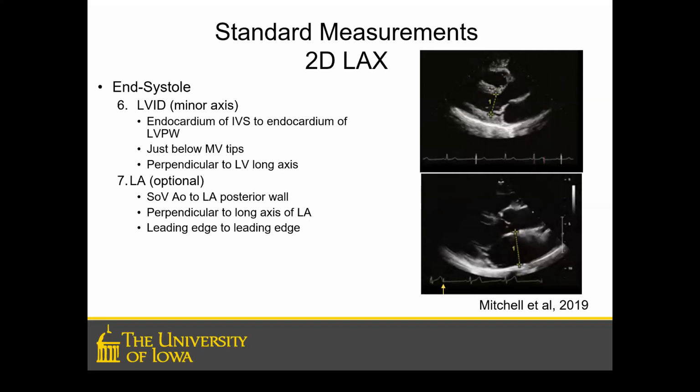If the LA linear measurement is done, it's to be perpendicular to the long axis of the LA at the level of the aortic sinuses, and it's leading edge to leading edge, which means it's outside of the LA wall on this side, leading edge of the LA wall to leading edge of the LA wall here. And this is an end systolic measurement, typically at the end of the T wave or when the LV is the smallest.